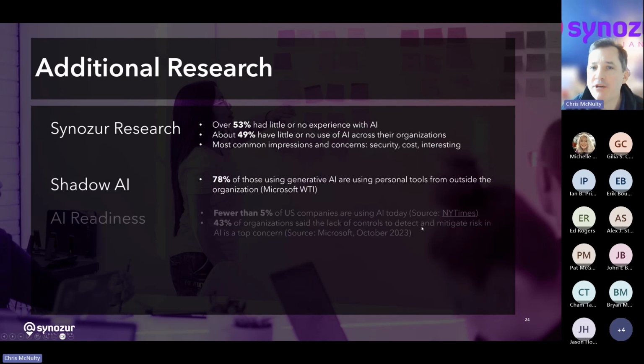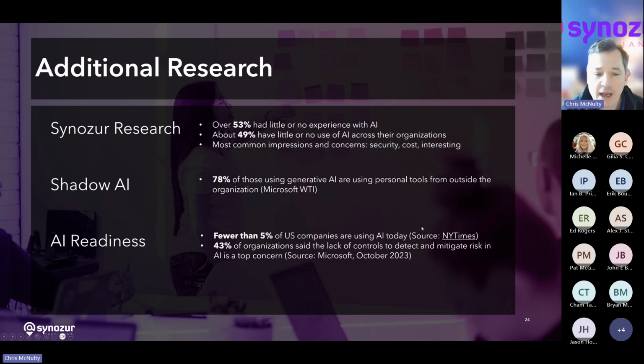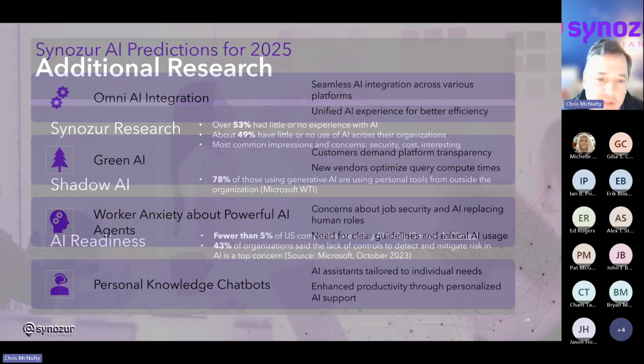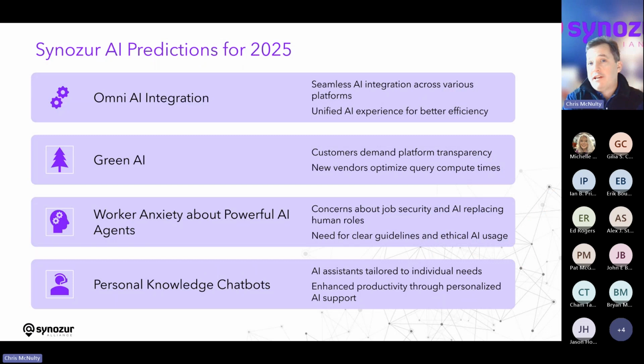A lot of that information is coming from outside. And according to research about 9 months ago, published in the New York Times, less than 5% of US organizations are using AI effectively and at scale. There are a lot of pilots, a lot of experiments, but today we're going to look at how we get out of that.